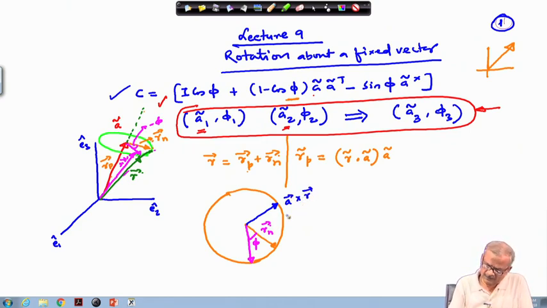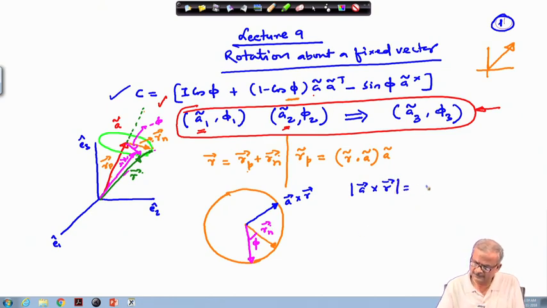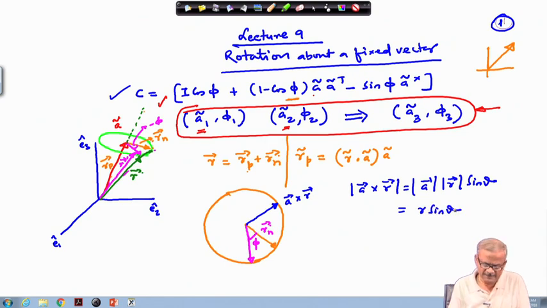Now, why is it on this circle? There is a reason for this. If you look at the magnitude of this a cross r vector, it is the magnitude of a times the magnitude of r times sin theta, and the magnitude of a is 1. Therefore, this is r sin theta. And what is r sin theta? This angle from the green line to the orange line is theta.